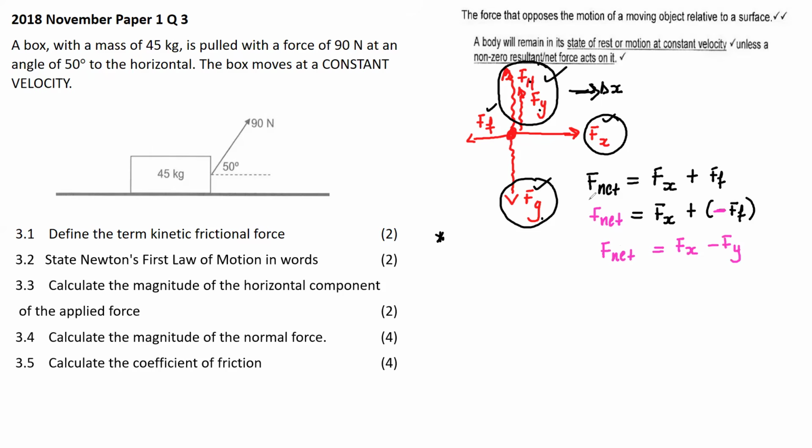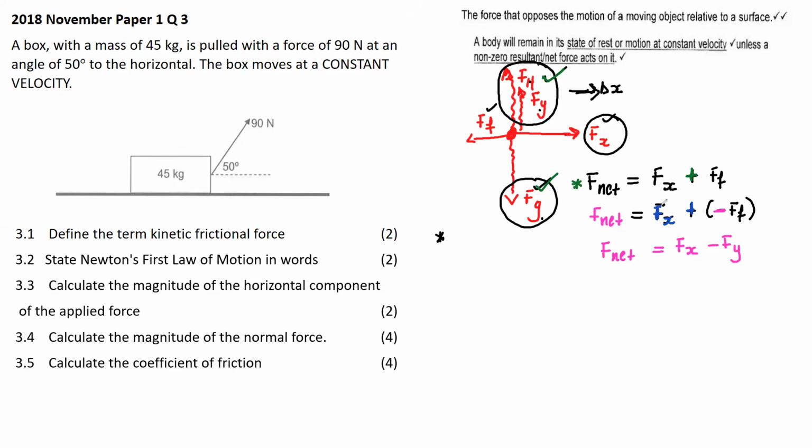Okay, let me go back a bit on this. Let me help you out. Please listen to this. I'm saying to you, the net force of the object is Fx plus Ff. This is because the upward and downward forces cancel each other out. Net means I'm adding. But according to the rules, we need to acknowledge that Fx is a positive force.